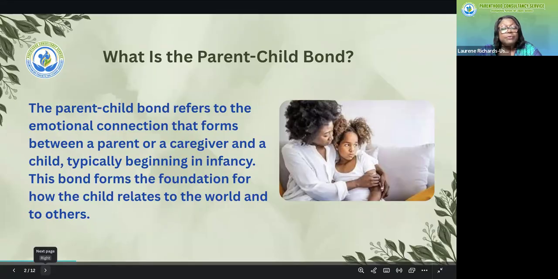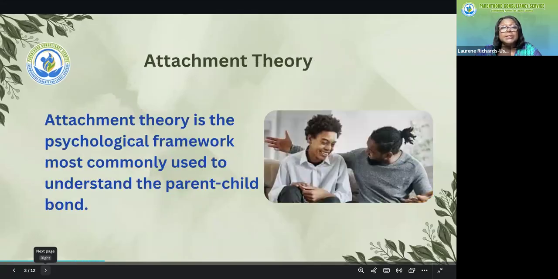This begins from the womb, with the mother starting to bond with her child. And not just the mother, if the father is present, the father can also bond with that child.